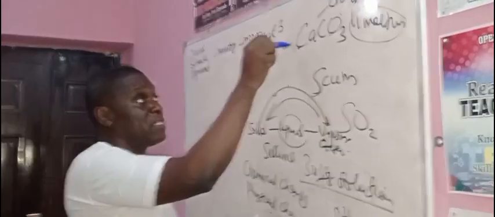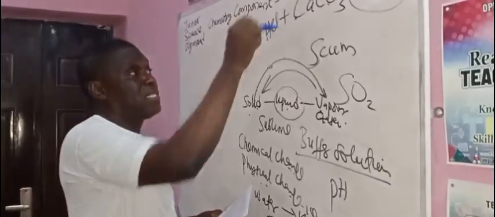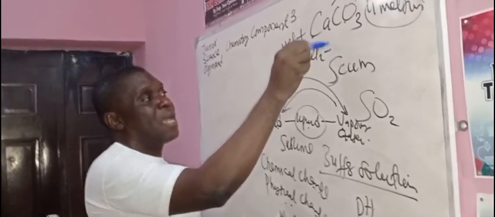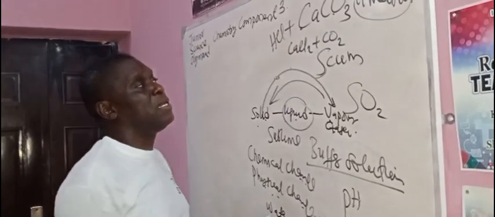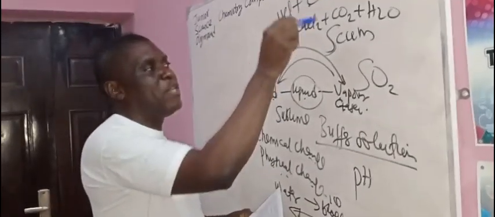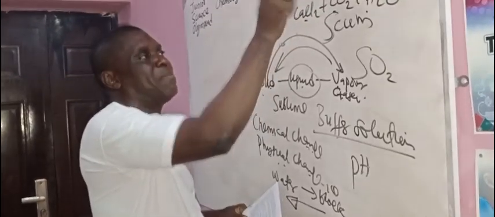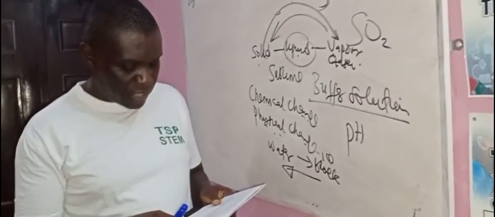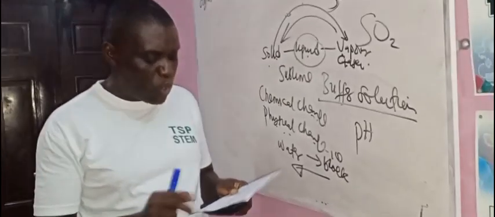If you dissolve this in any acid, maybe HCl, it will give you calcium chloride. Carbon dioxide will be removed. Because there is hydrogen and oxygen, water will be produced. Take note of that. Once this forms a new compound, you can't get back that calcium carbonate. So those ones are chemical change. They are irreversible. So the answer there is only sublimation.